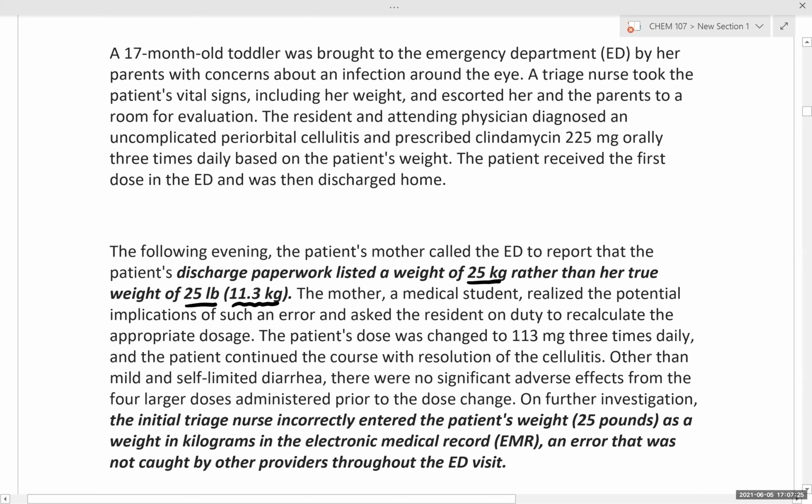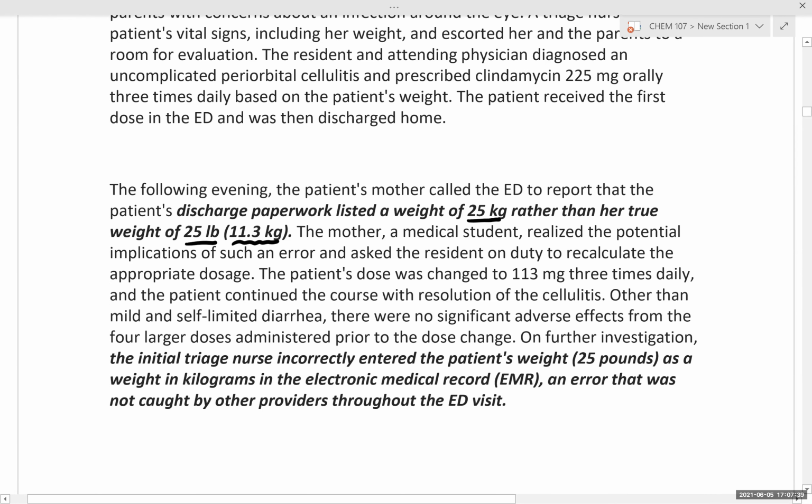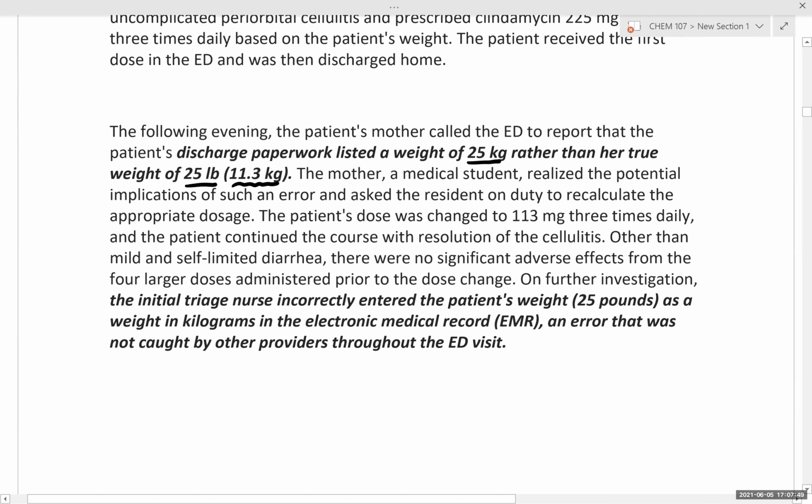Because an incorrect unit was entered, and because this unit error wasn't corrected, an incorrect dosage of medication was given. So this is a very common example where paying attention to units and understanding the relationship with units can help avoid quite significant accidents.